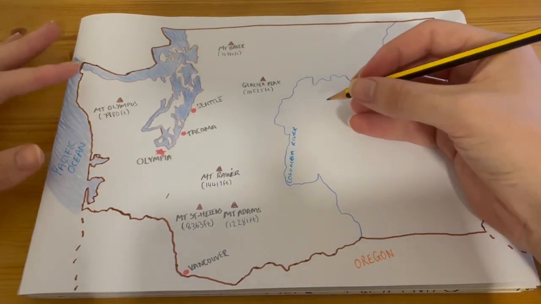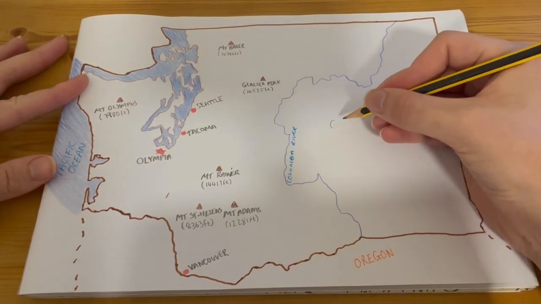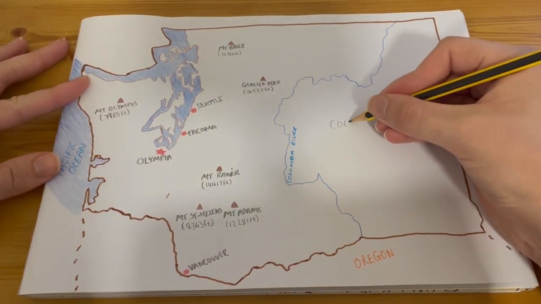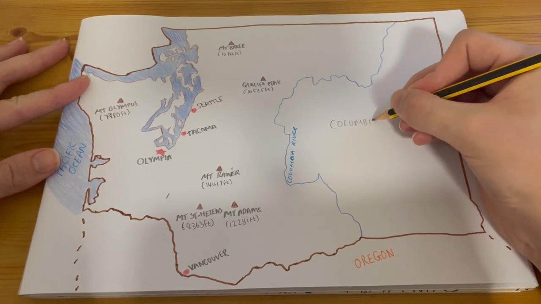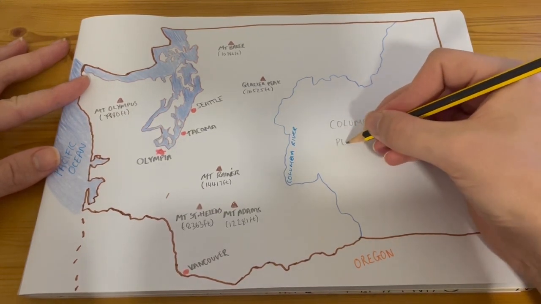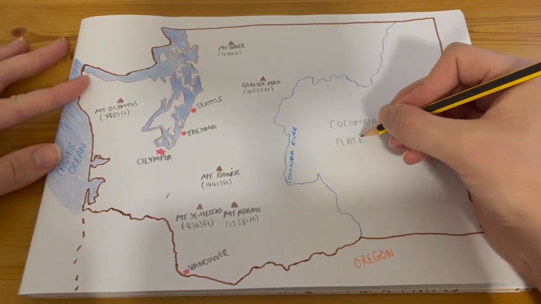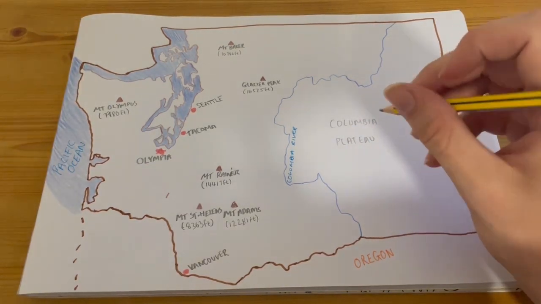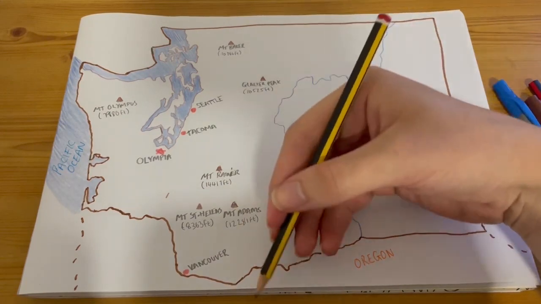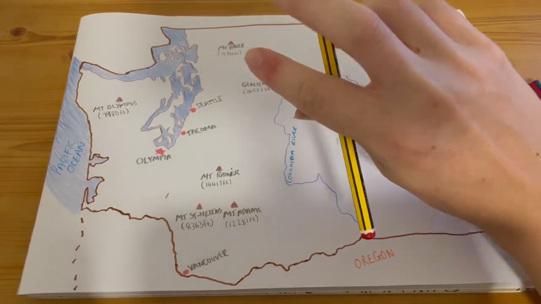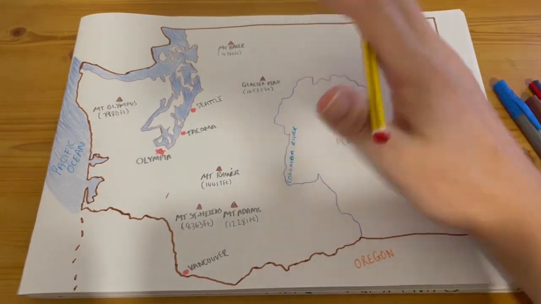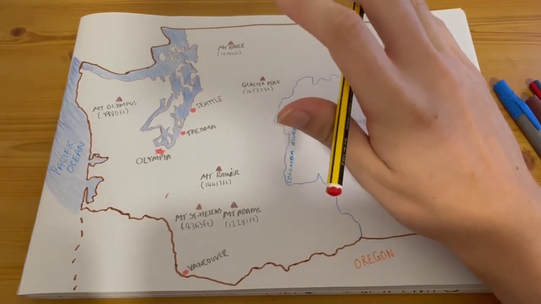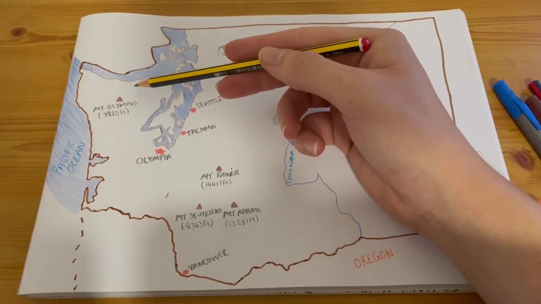I'm going to write this very faint, but here is known as the Columbia Plateau, and all across here is known as the Cascade Range. So again, I would guess that that is the Cascade Range within the Rockies, and here we have the, it's known as the Olympic Mountains.